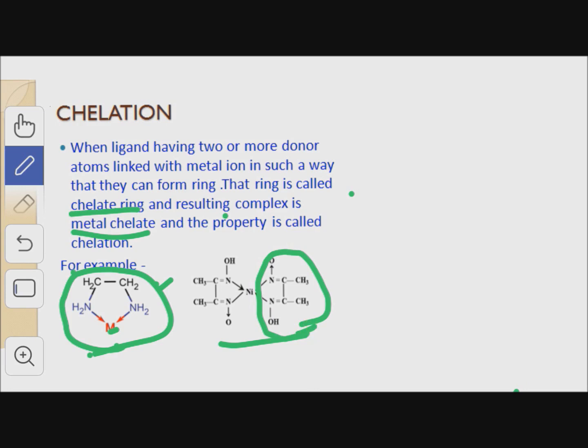This is dimethylglyoxime, in which four donor atoms are linked with the nickel, that is the central metal atom, through coordinate bonds, and they form two rings around the nickel atom. This ring formation is called a chelate ring, and the property is called chelation.